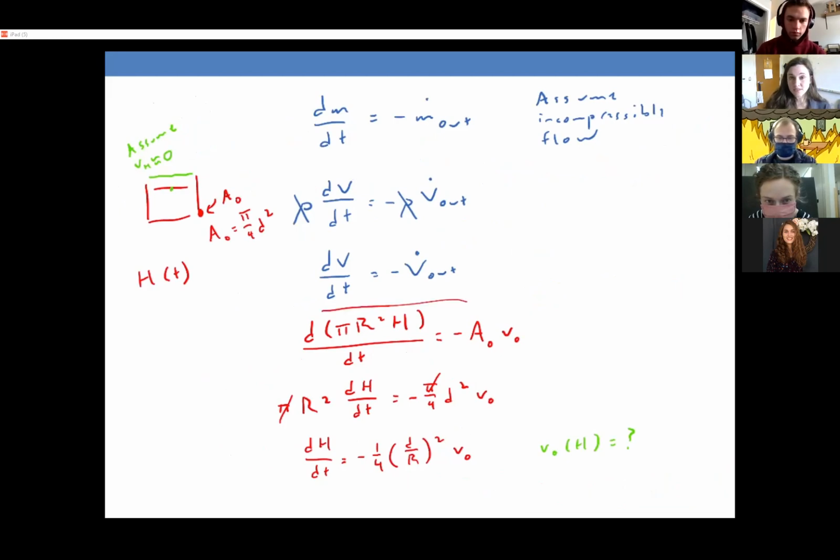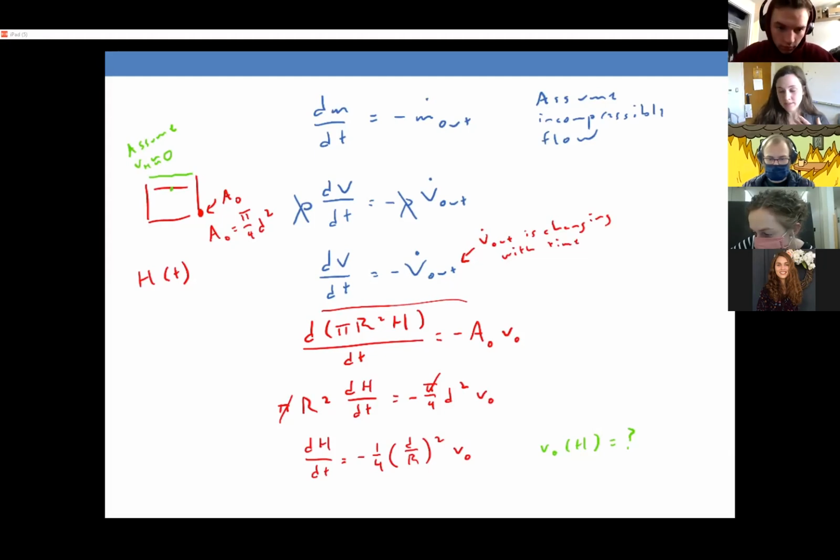What stops us from integrating at this point is that v dot out is changing with time. We know it is because as the height drops, the pressure at the bottom of the tank is going to lower, and that's going to change the velocity through the hole, and that's going to change the flow rate through the hole. So if something in this equation changes with time and we haven't plugged that relationship in yet, we can't integrate with respect to time yet, or the integration won't capture how that changes.